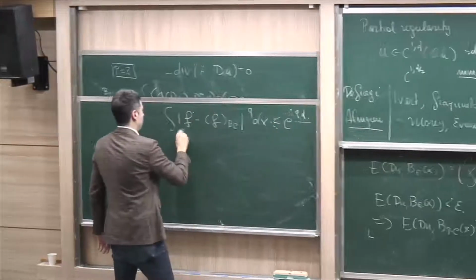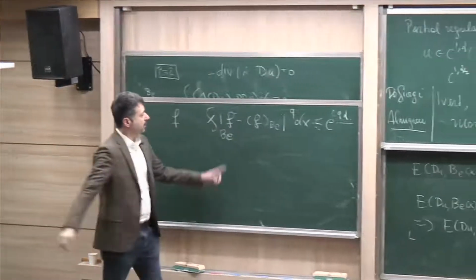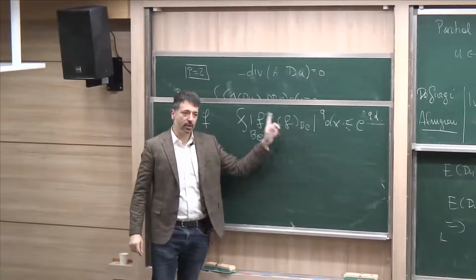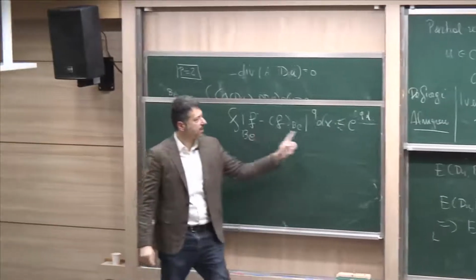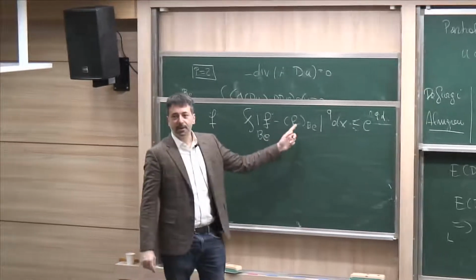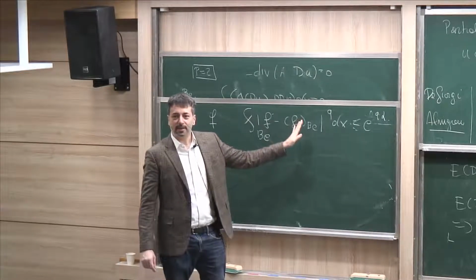so you take f minus its average, and you take the average of this, and this decays as rho to the alpha. So you know that a Hölder continuous function obviously satisfies this.